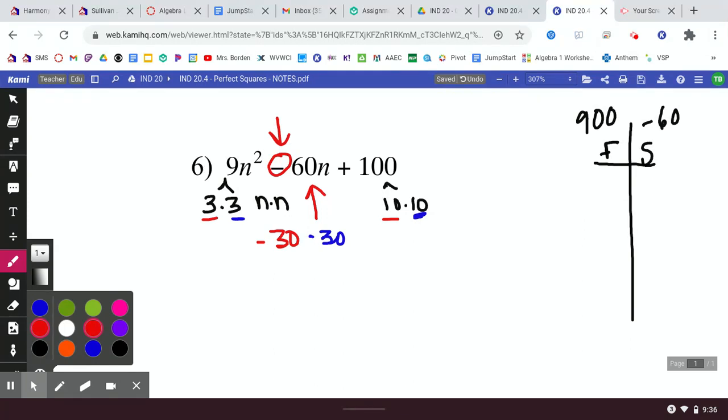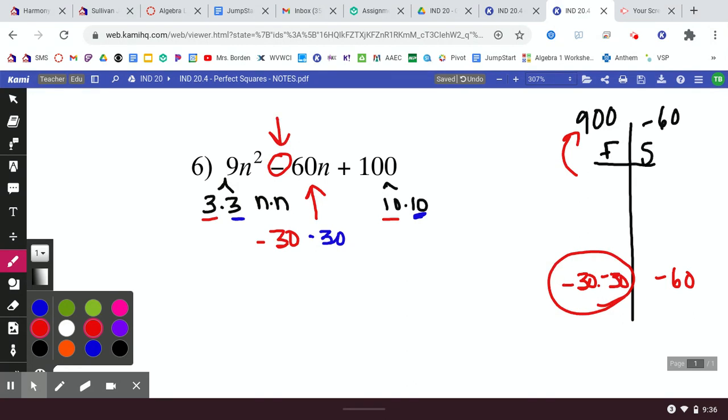but it still works the same way, okay? What you would find when you ran through this factor sum table is eventually you'd get to negative 30 times negative 30. Negative and a negative is positive 900. And negative 30 plus negative 30 is negative 60. So these would be your winning factors, okay?